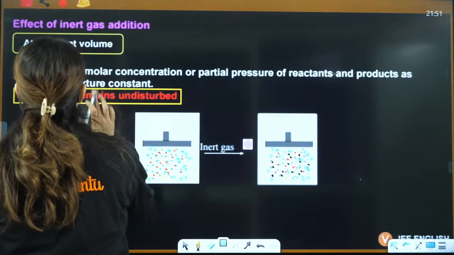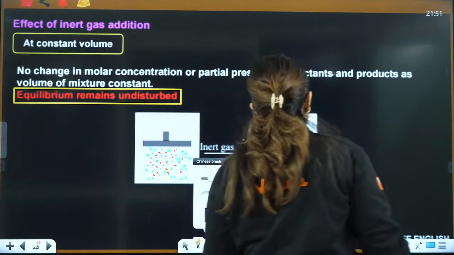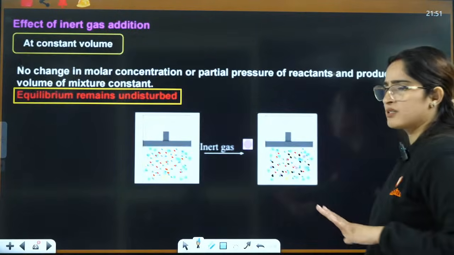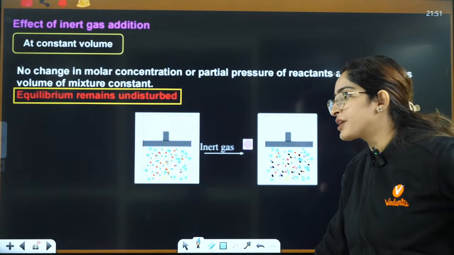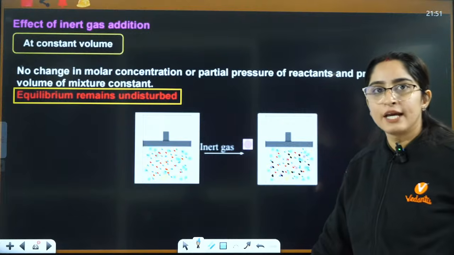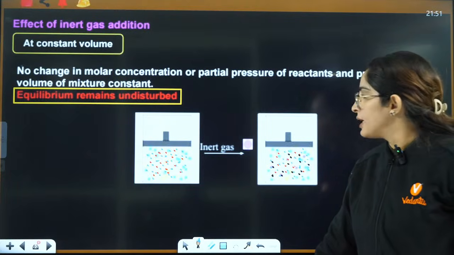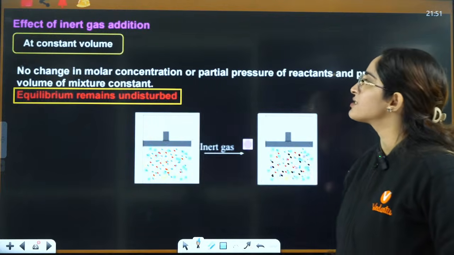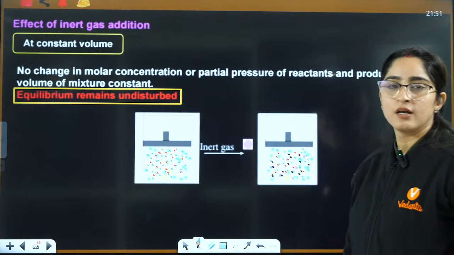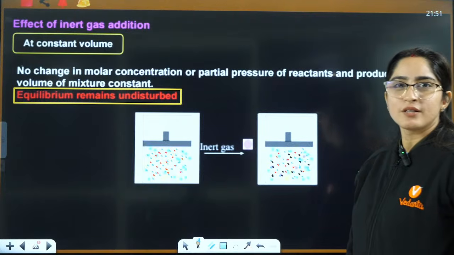So at constant volume, when you add the inert gas, there is no change in the equilibrium. If it is a constant volume, guys, what is happening? No molar concentration is changing. What is molar concentration?